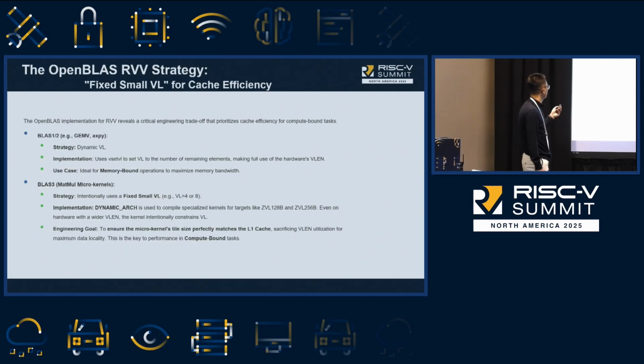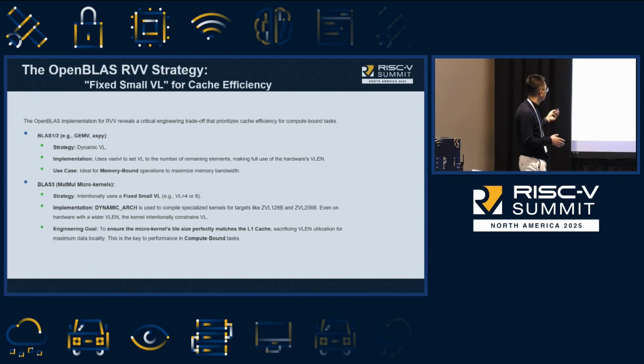So generally speaking, OpenBLAS supports RVV. They use 2 methods. One method is for BLAS level 1 and level 2 APIs. They use the entire vector length; it's vector length agnostic.